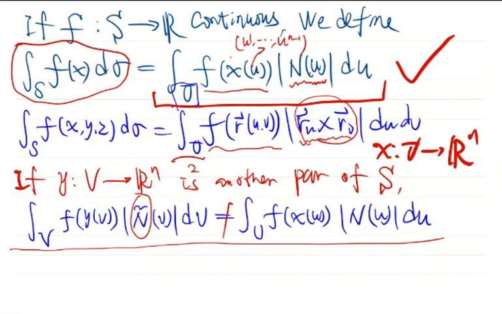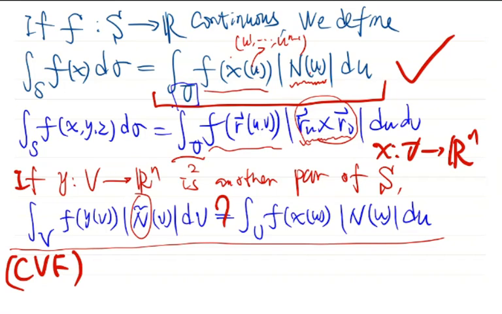Similar to the case we studied previously for surfaces in R3, we also have this problem, and we solve it using the change of variable formula for double integrals. The n-dimensional change of variable formula is denoted by CVF n.